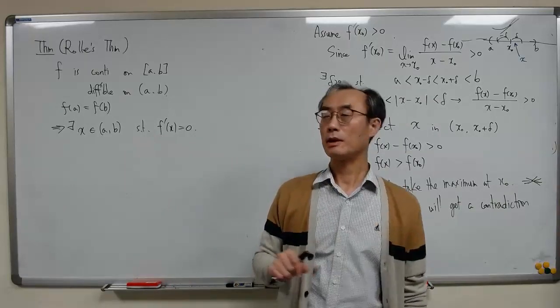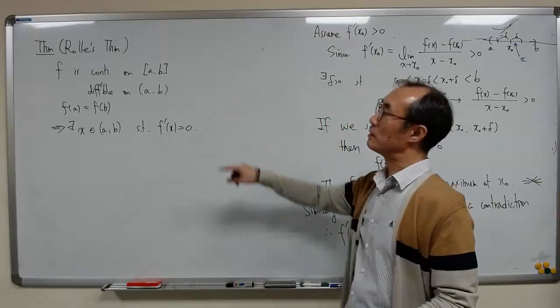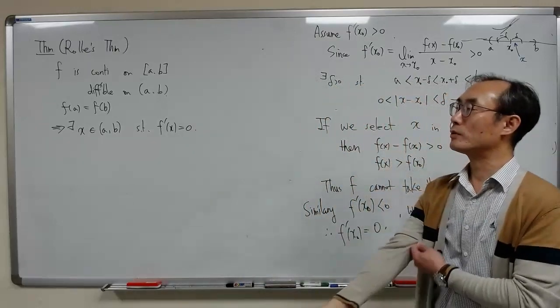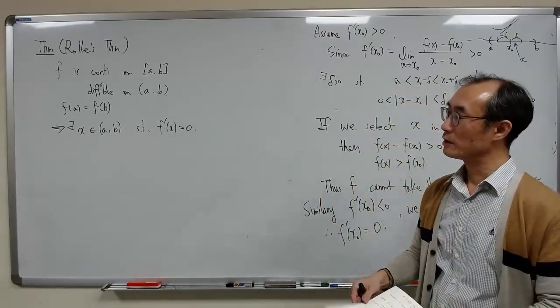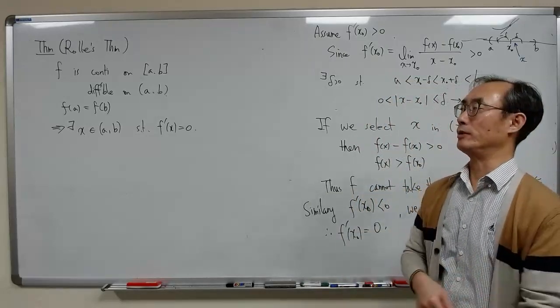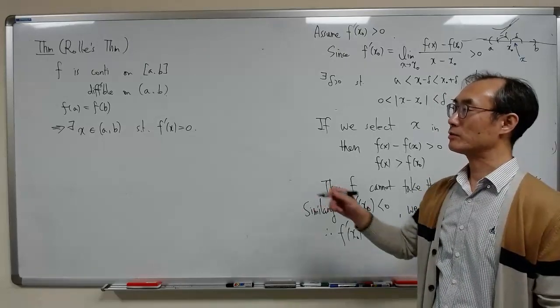So from the assumptions of Rolle's theorem, you need to show the existence of either a maximum or minimum x inside of the domain.